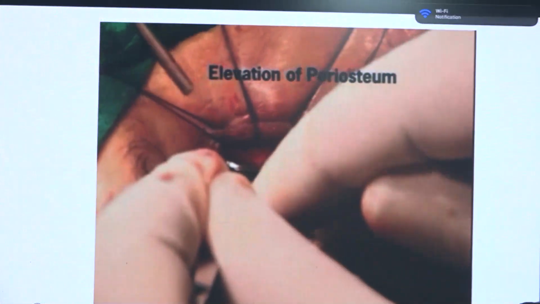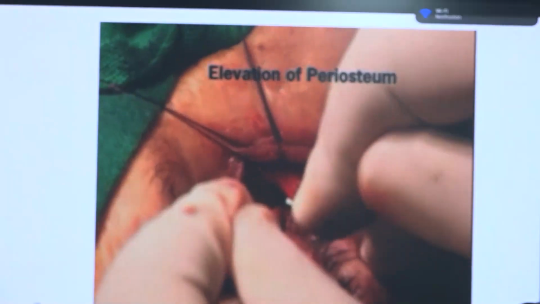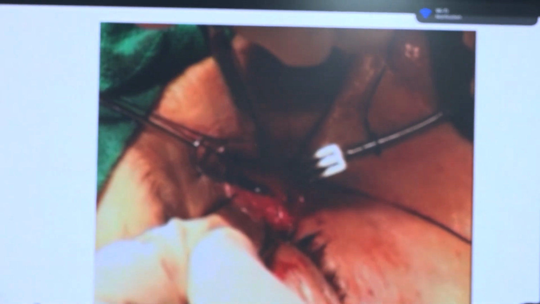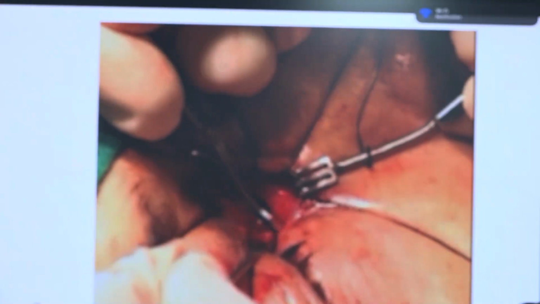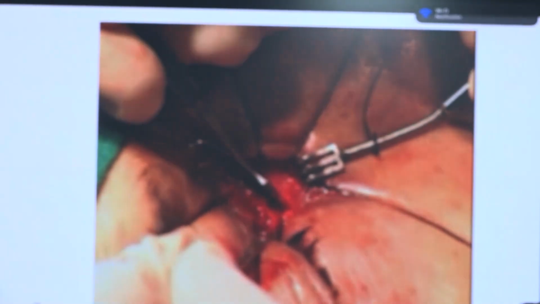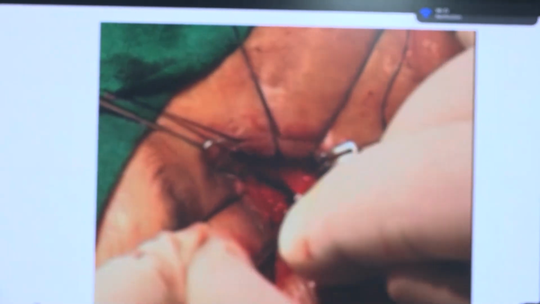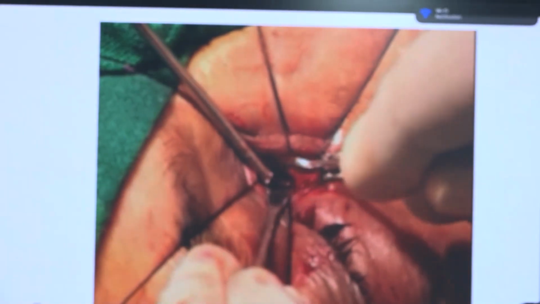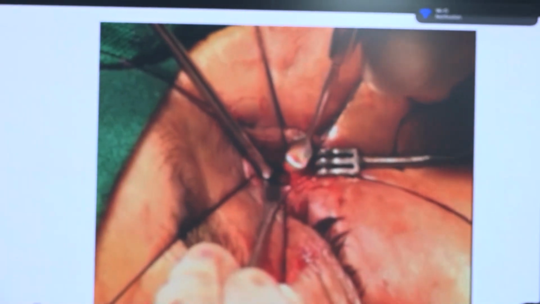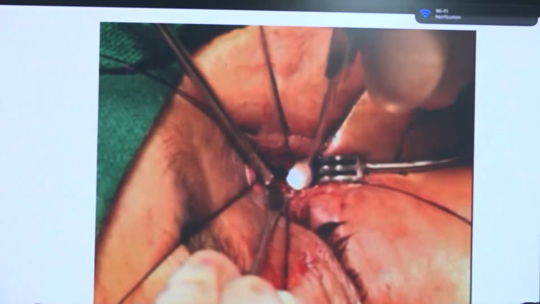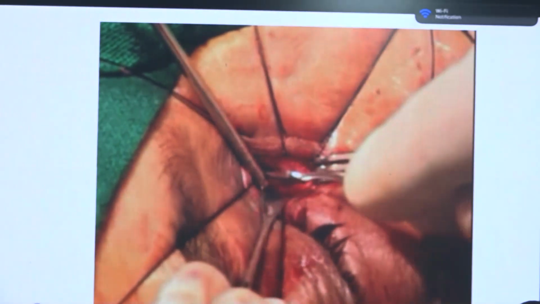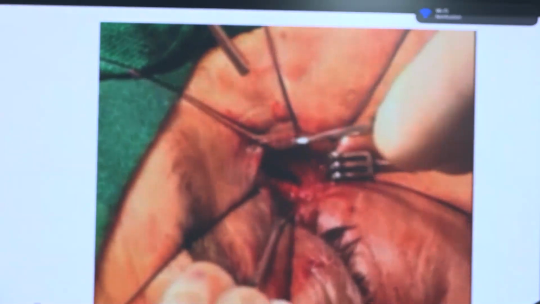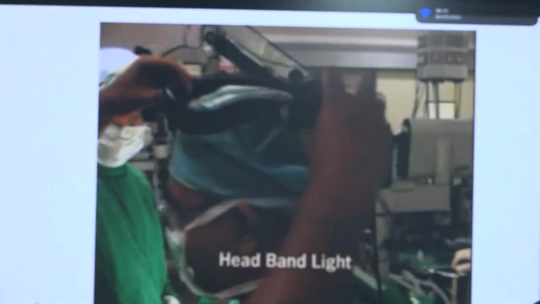The periosteum is then lifted away from the bone and the dissection is carried along into the lacrimal fossa, where the lacrimal fascia is a continuity of the periosteum. The dissection is carried right up to the posterior lacrimal crest and inferiorly right up to the area where the sac becomes the nasolacrimal duct.